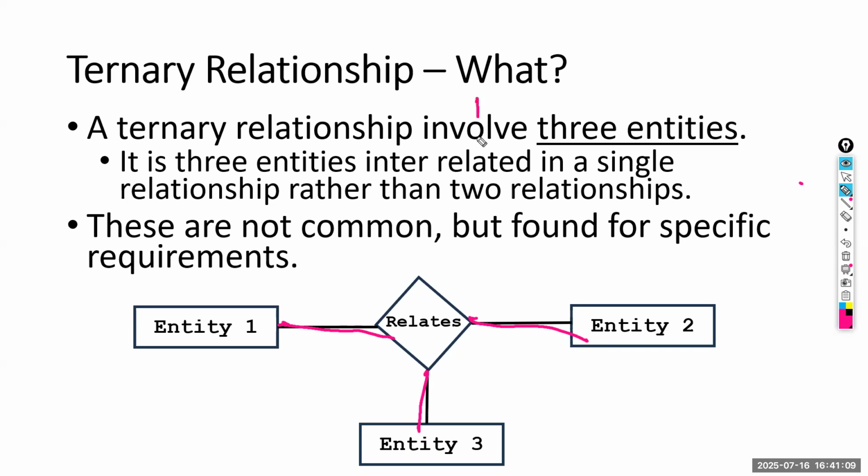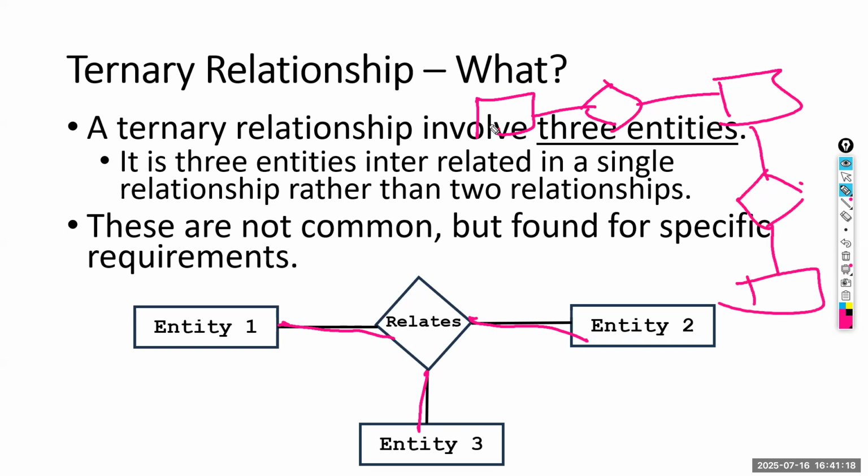So this is not two binary relationships. Sometimes you get confused. There can be a possibility A has a binary relationship with B, B has a binary relationship with C. That is not a ternary relationship. That is two binary relationships. This is one relationship, this is another relationship. Right?